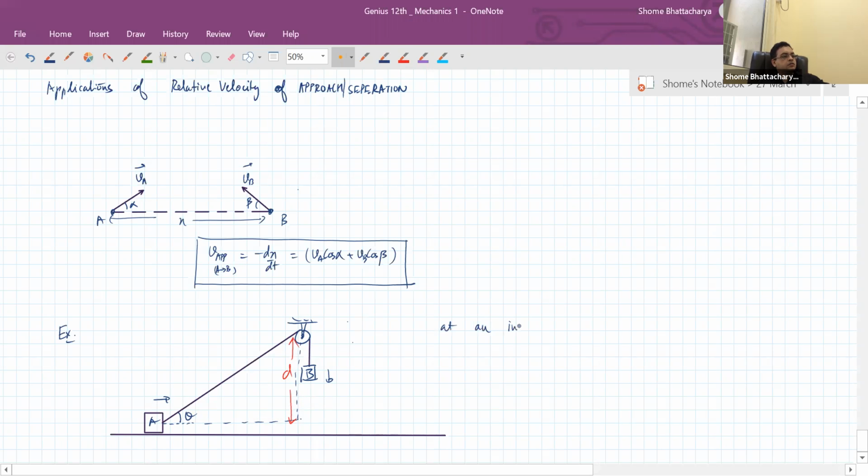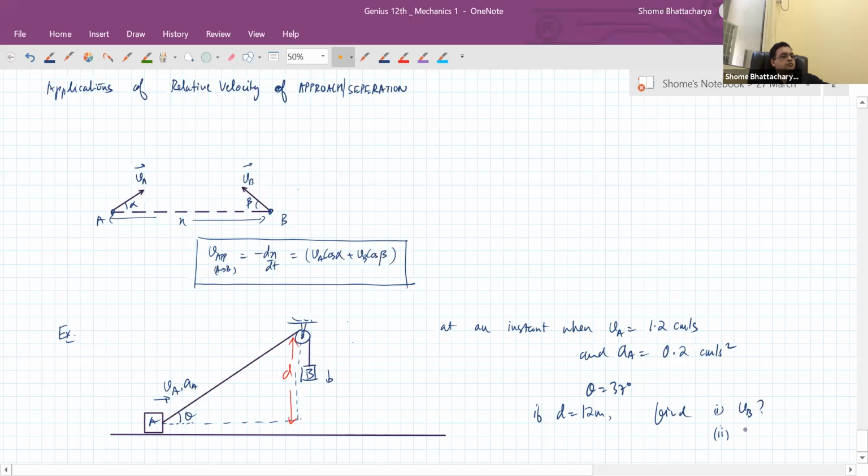So at an instant when VA is equal to, so find the acceleration and velocity of A and of B at the same instant.